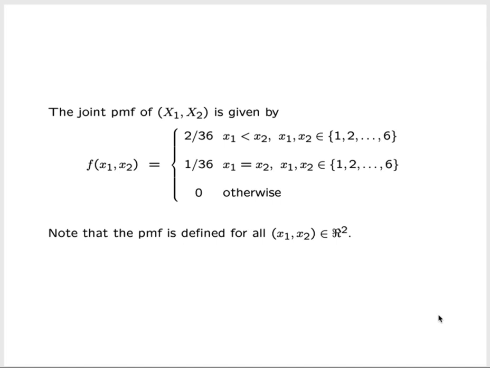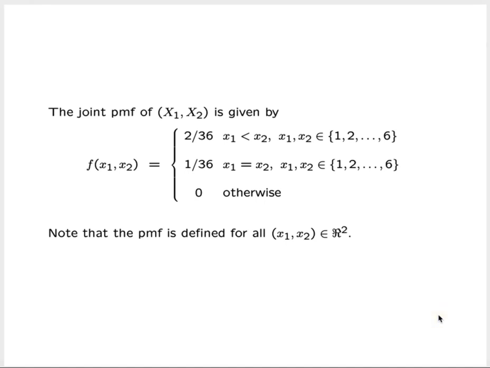Now, to come up with the joint CDF, we have to be careful and remember the definition. When we evaluate the CDF at a given point, we are accumulating the probability over the two-dimensional plane from that point and then to the left and down. All right?